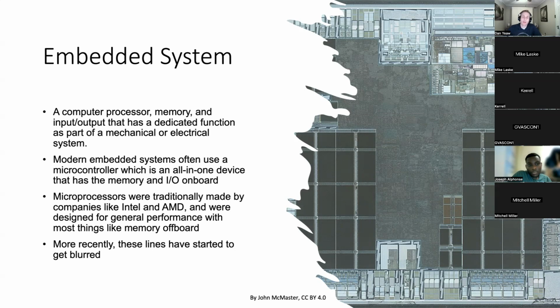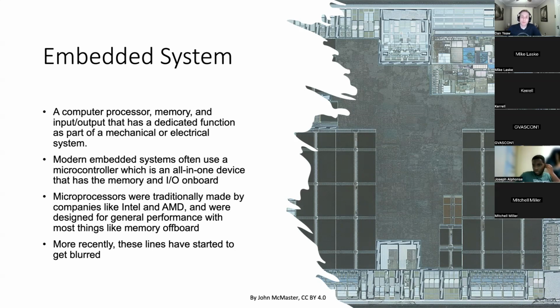Microprocessors are a little bit more powerful. They were traditionally made by Intel or AMD or other companies, and they're what's in your computer. So they're for general performance, and they often connect to a centralized bus and communicate with the GPUs and the rest of your computer that way.